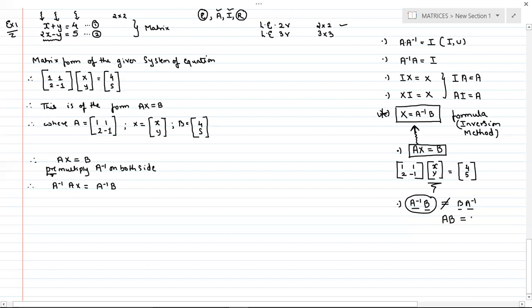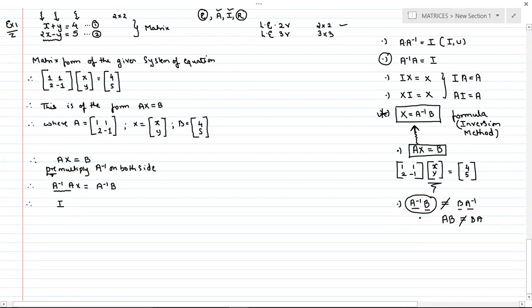AB and BA will not be equal. That's why we have to do pre-multiply. Don't write just multiply A inverse on both sides. After this, we know that A inverse A is what? X. A inverse A is what? X. Yes or no?